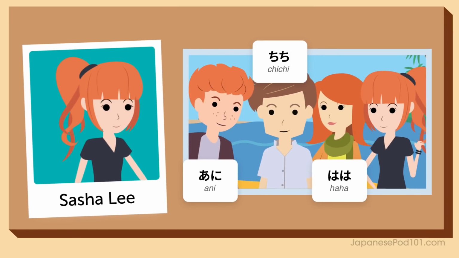Let's practice. Imagine you're Sasha, Ben's younger sister. Respond to your friend's question referring to the photo. Don't forget to include the word for yes at the beginning of your response.